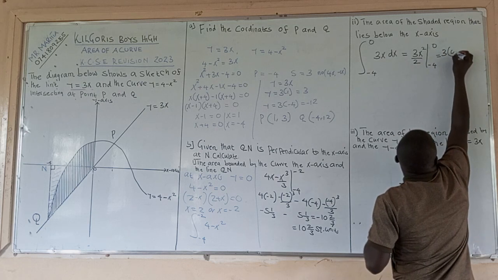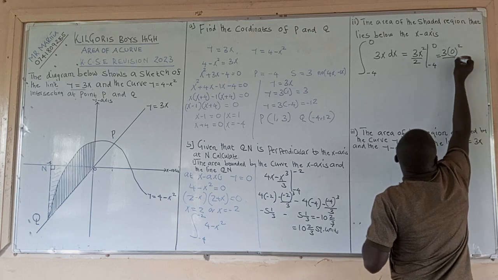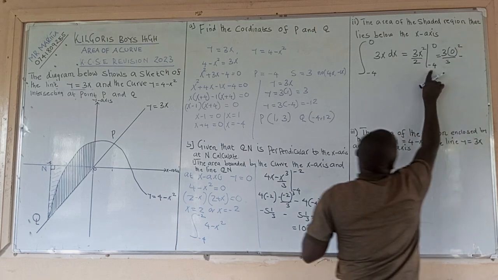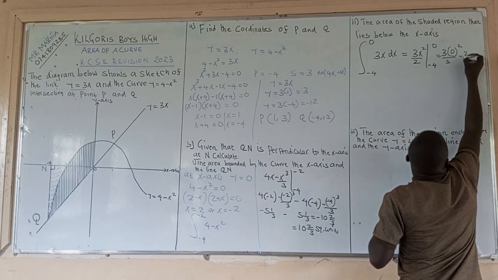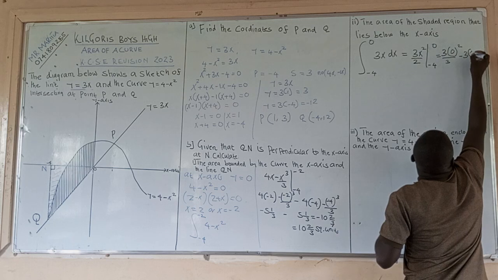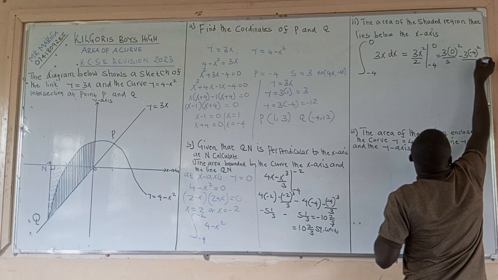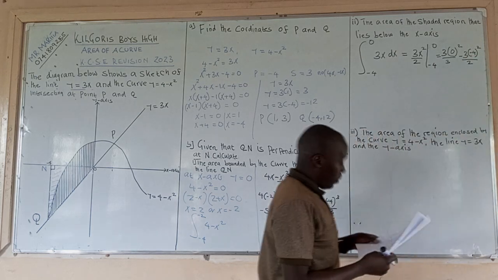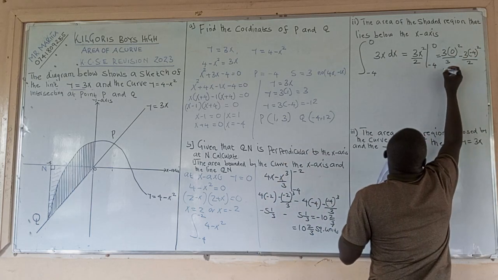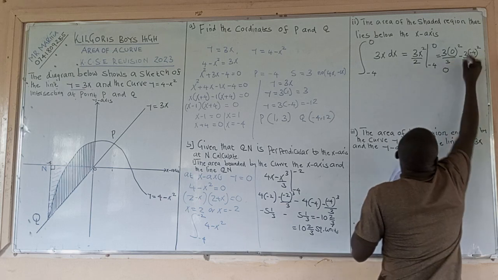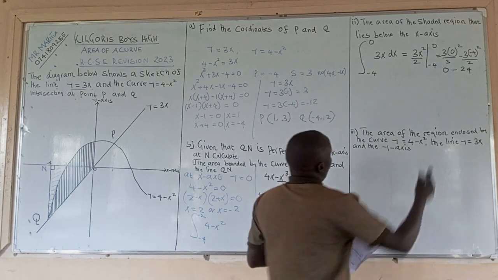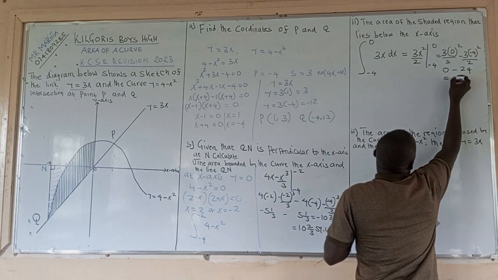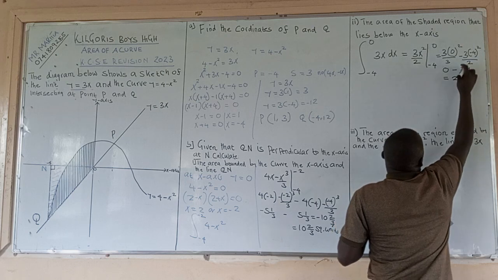Then minus, when x is equal to -4, we have 3 times -4 squared, divided by 2. Working that out, we have 24. Therefore the area of this one is 24, and it is negative.